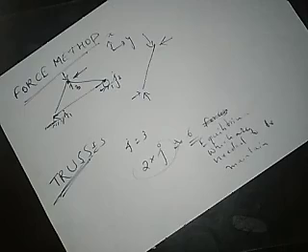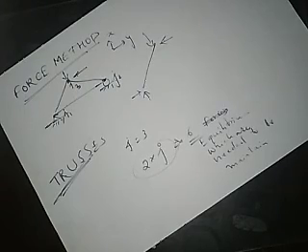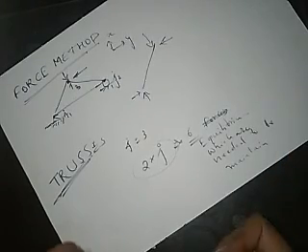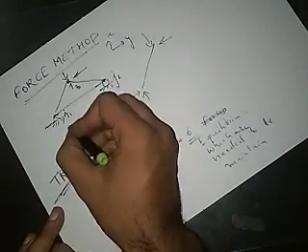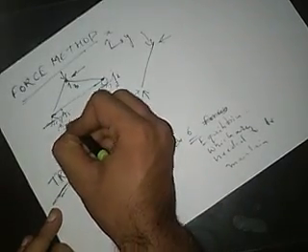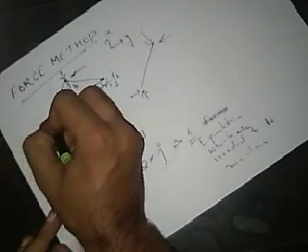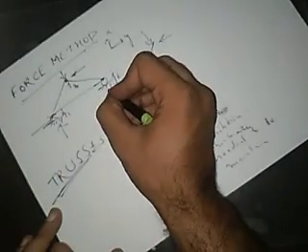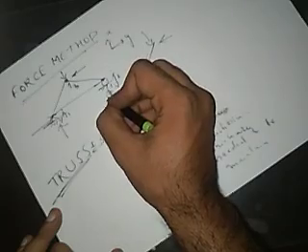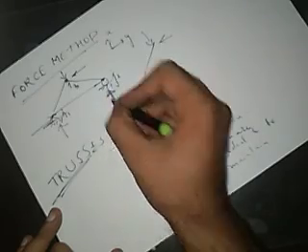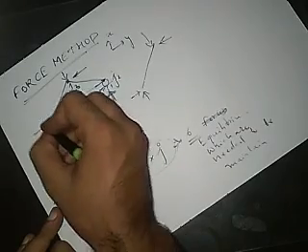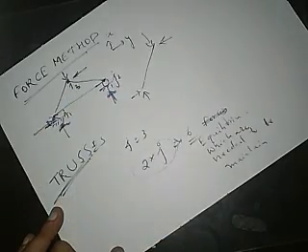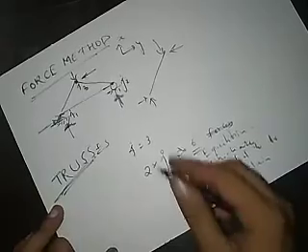And what are the unknowns? Unknowns are these support reactions which we don't know, like this, this, and this. These are support reactions which we want to know, how much is being generated.